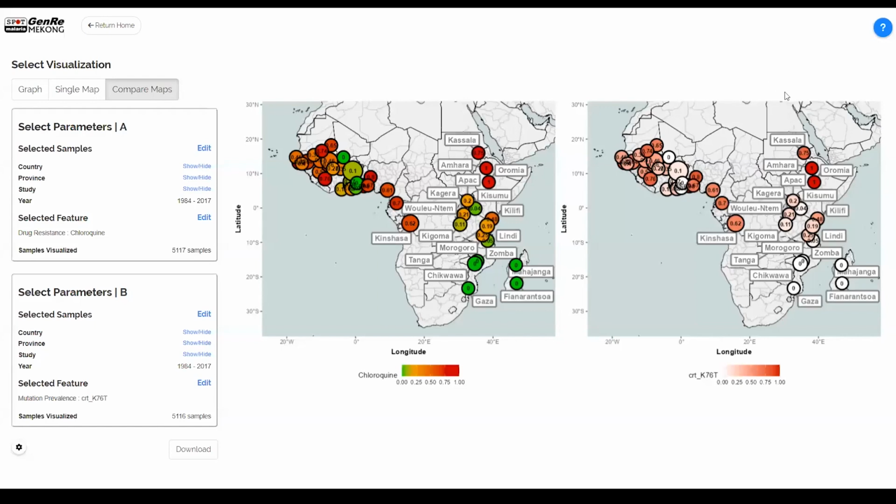So here we can see two maps of Africa, one showing the resistance to chloroquine and the other showing the prevalence of the CRT K76T mutation. And as you can see, there is a very tight correspondence between the prevalence of the mutation and the prevalence of chloroquine resistance.